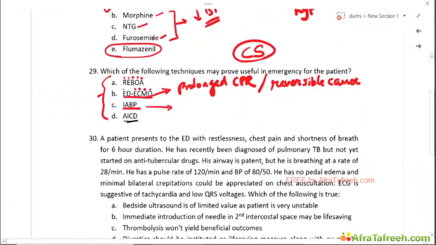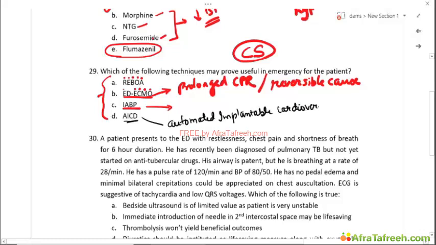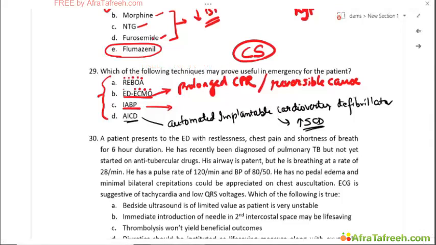What is AICD? This is automated implantable cardioverter defibrillator. It is used for patients who are at high risk for sudden cardiac death, such as various channelopathies, various specific syndromes like Brugada syndrome.